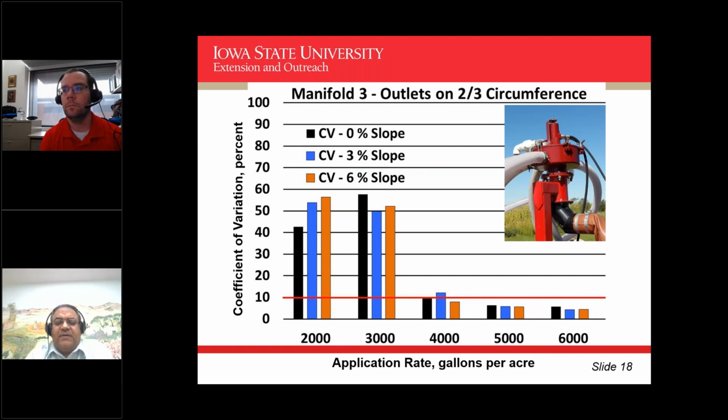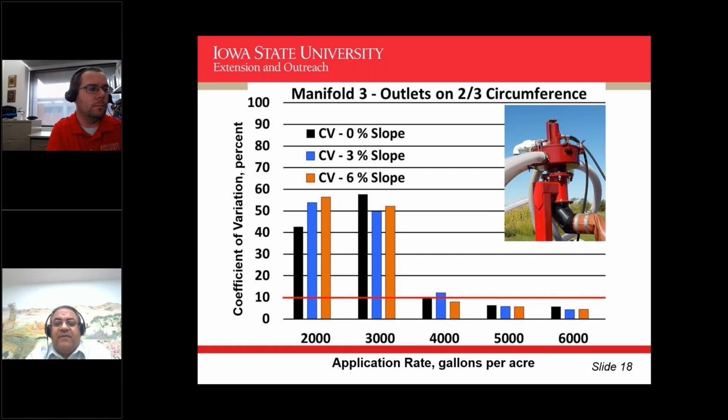The next one that we tested is similar to the one that you just saw, but in this case, it only had 8 outlets. It did not have all 12 on the circumference. So it's exactly a similar model manifold, but only has 8 outlets facing towards the toolbar and not on the other side that's towards the tractor.